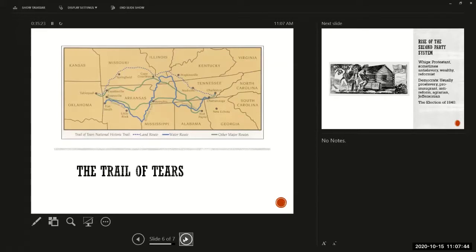There was a conflict that he inherited from the Jackson administration called the Seminole War. This was a war against the Seminole tribe of Native Americans in Florida. It cost the government between $40 and $60 million to fight, and stretched out until the early 1840s.